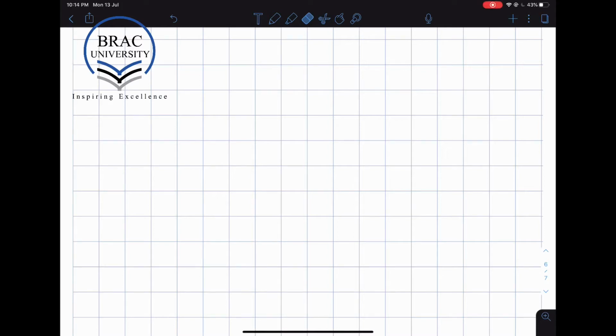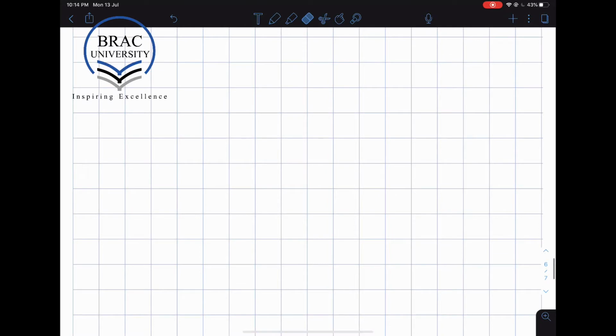So in this part of the lecture, we'll discuss how we can derive a wave equation from the source-free Maxwell's equations. So let's remind ourselves what the source-free Maxwell's equations are.